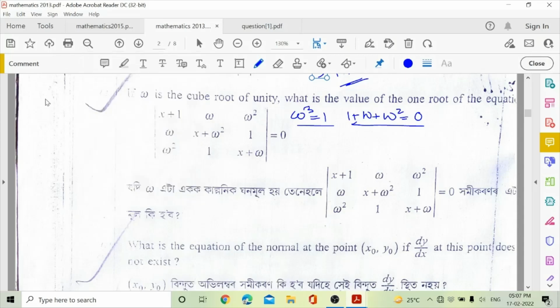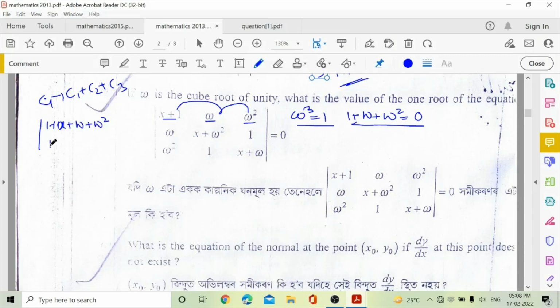Column 1 tends to column 1 plus column 2 plus column 3. That means I am going to add these elements, this one plus this one, in this way. So the first element will be 1 plus x plus omega square.